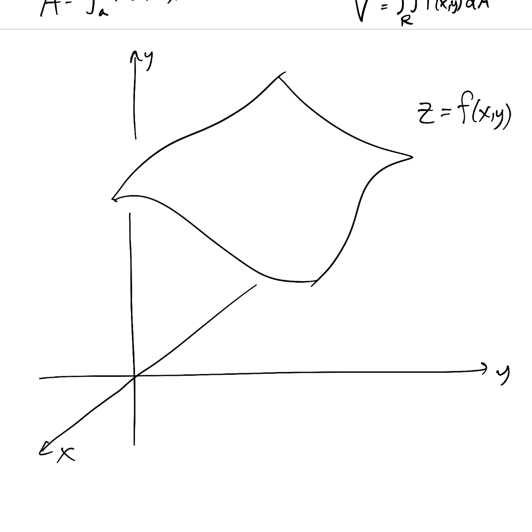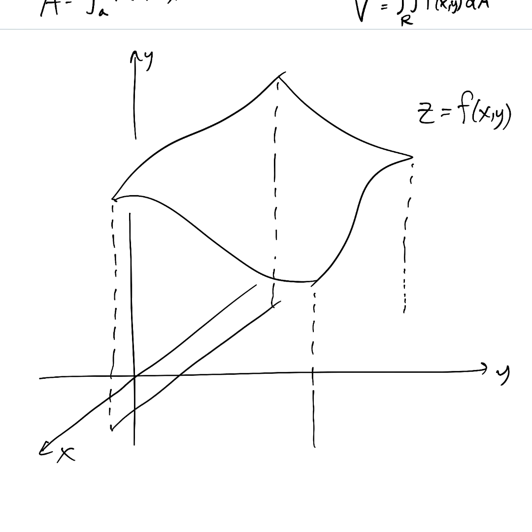And we're imagining that surface as floating above some kind of a rectangle in the xy plane, say like this. So the region of integration, that's all this down here.